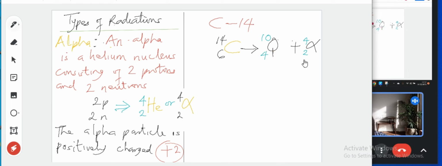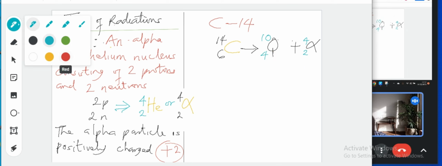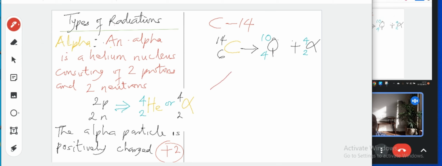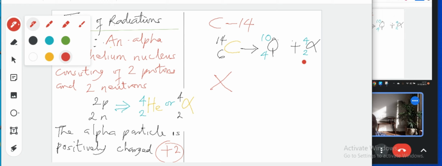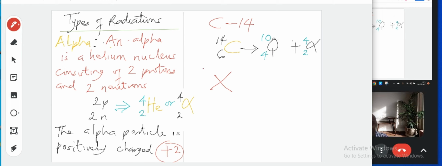Generally, the rule is this: if an element X decays by alpha, assuming it started with a mass number of A and an atomic number of Z, whatever is left, let me call it Y, will have what mass number?